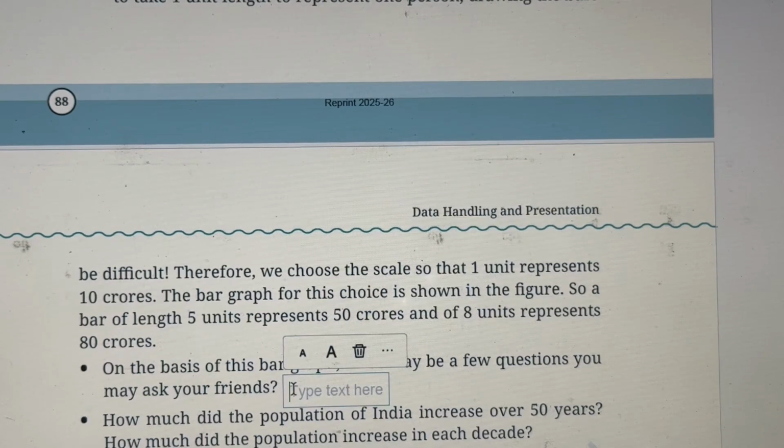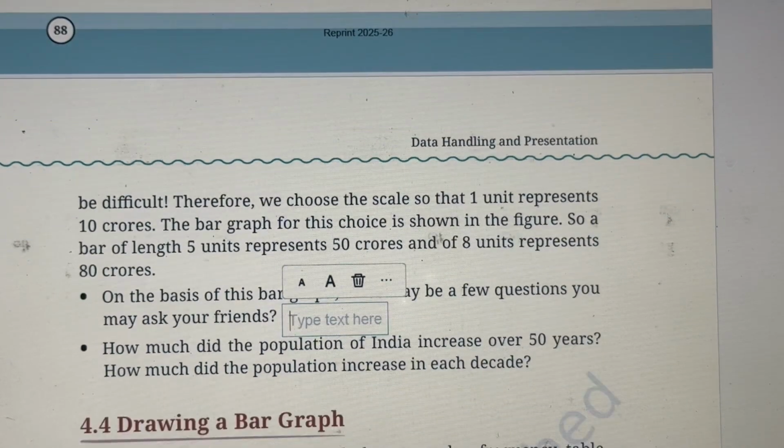You can ask each other many questions based on this bar graph, like what was the population of India in 1971, or what was the growth in the population from 1971 to 1981. So many questions can be framed based on the bar graph.